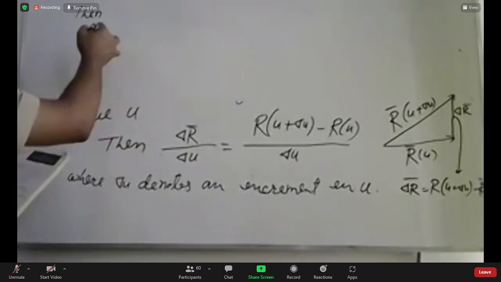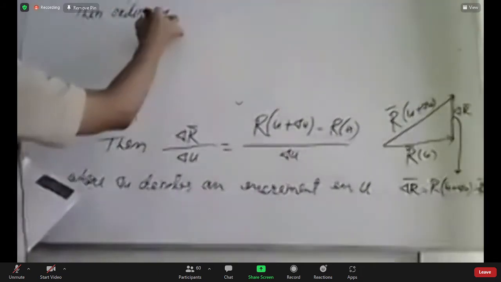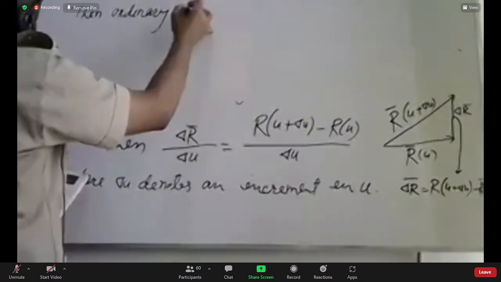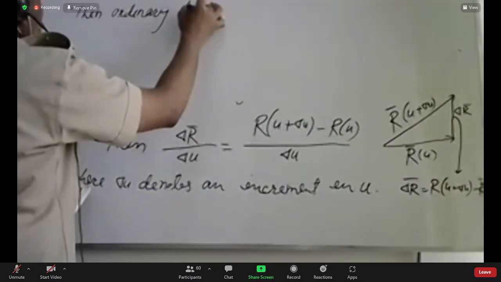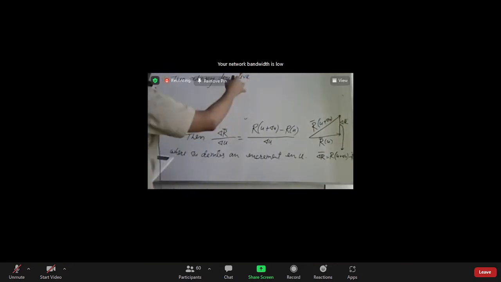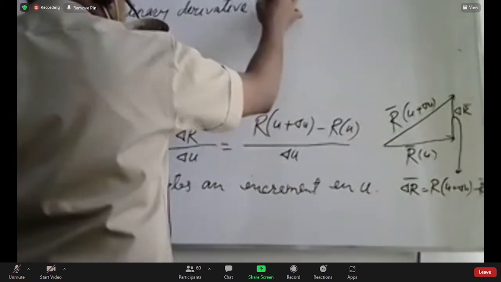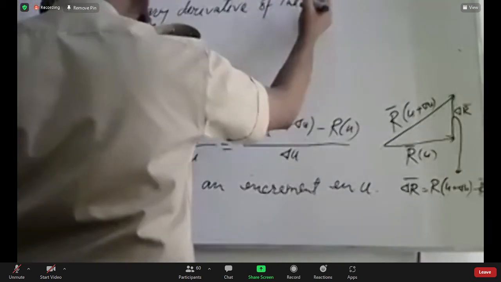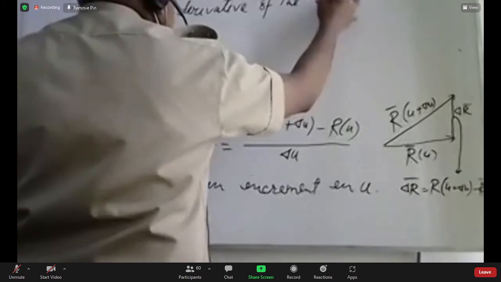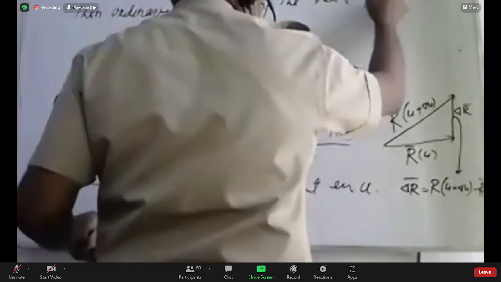Yes sir. Then the ordinary derivative of the vector. These are very simple things. I am just showing it to you so that you can understand better. These things are also written in the book, but you must write.